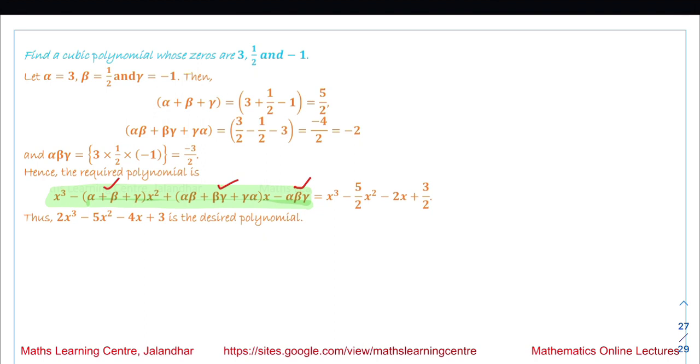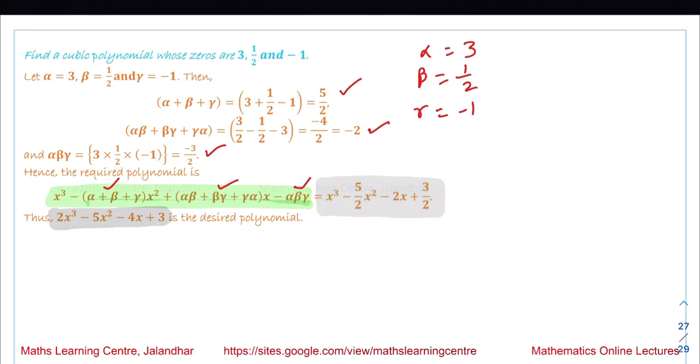Here alpha is 3, beta is 1 by 2 and gamma is minus 1. So the sum of the roots is 5 by 2, the sum of the roots taken 2 at a time is minus 2, and the product of the roots is minus 3 by 2. If you substitute these values in this formula, this is our final answer. This is the required polynomial.